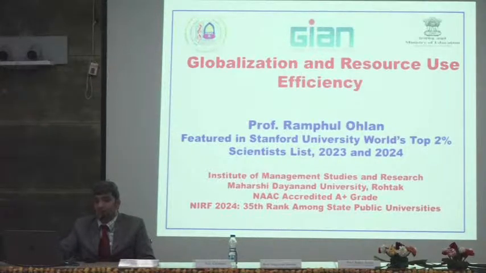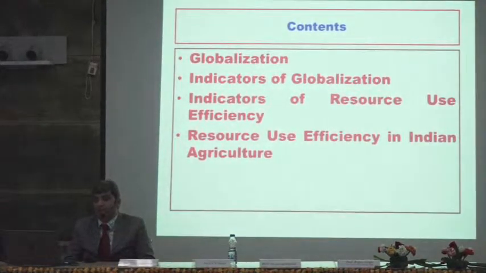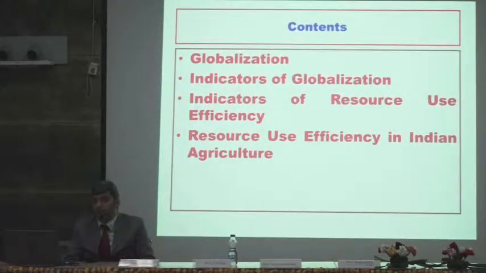So first we would like to focus on understanding globalization, some indicators of globalization and indicators of resource use efficiency used in the context of international business, and resource use efficiency in Indian agriculture, with some empirical evidence from the Indian agriculture sector.